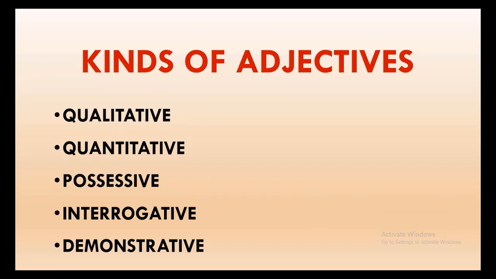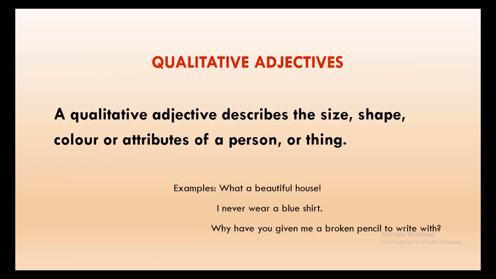Now let's see the kinds of adjectives. We have 5 kinds of adjectives: qualitative, quantitative, possessive, interrogative, and demonstrative. Qualitative adjectives, as you can clearly see by the name, describe the object's size, shape, color, or qualities of a person or thing.